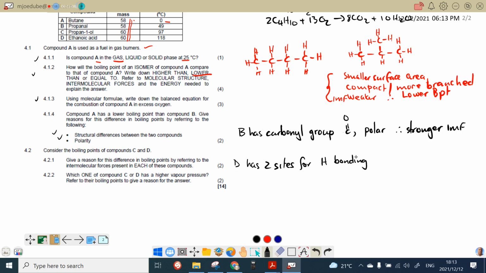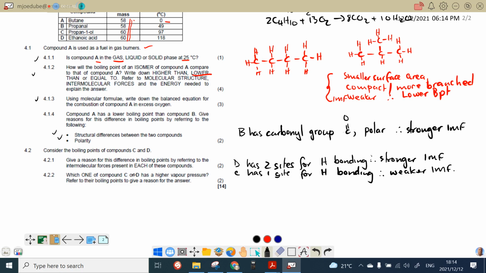So it will form dimers, and therefore stronger IMF forces. And then compound C has one site for H bonding, and therefore the intermolecular forces will be weaker than in the other one.